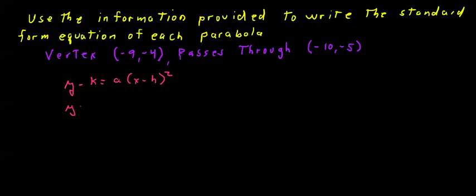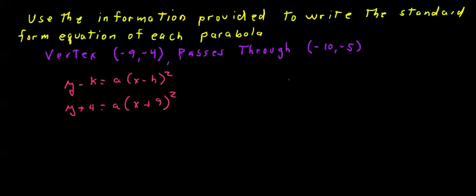We know the vertex is -9 for x, -4 for y, so it's y plus 4 equals a times x plus 9 quantity squared.